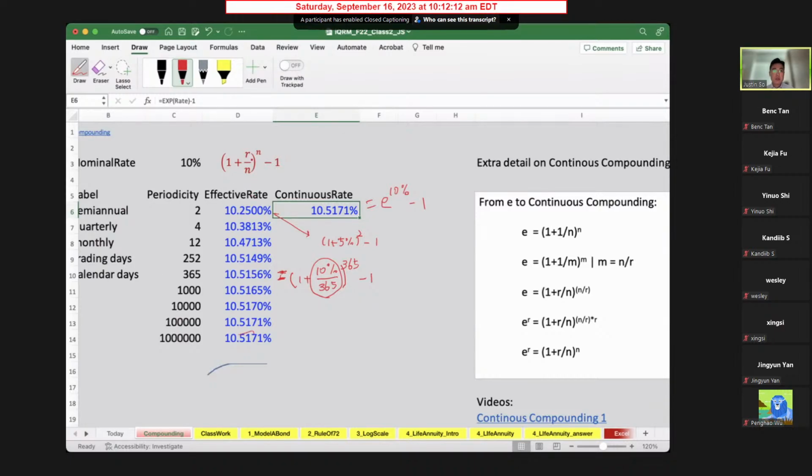If you have not learned calculus, it's not easy to understand what is happening. The denominator becomes really, really large, goes to infinity, but the power also goes to infinity.